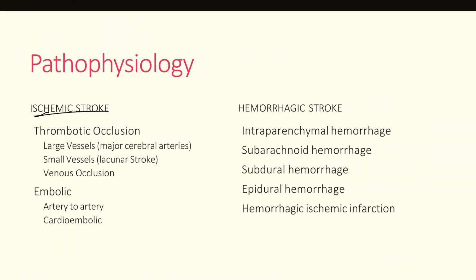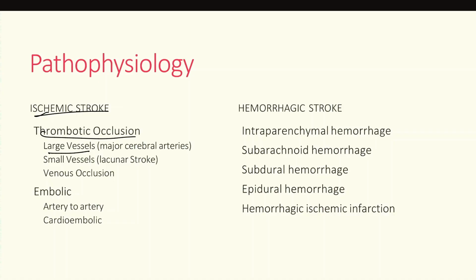So, what causes these ischemic strokes? The main one are these thrombotic occlusions. It could be large vessels, so the bigger the vessel, the bigger the territory that it's going to perfuse, right? Small vessels have a smaller area of perfusion, whereas if you block your carotid, everything upstream is going to be occluded as well and not have any blood supply.